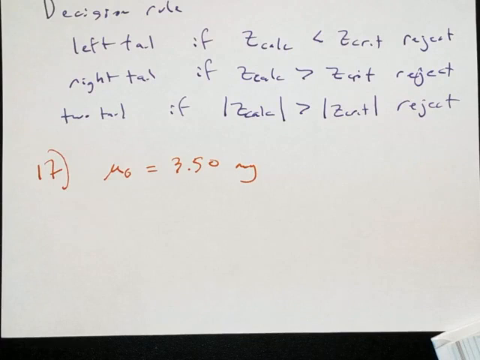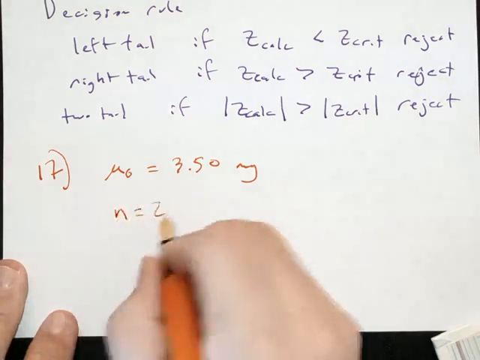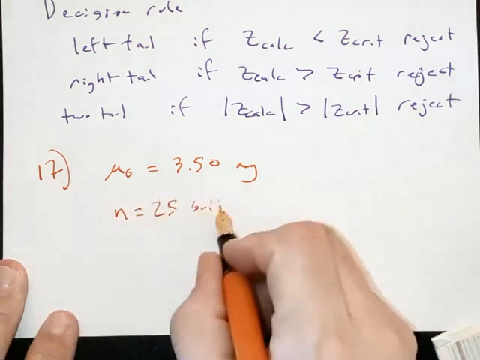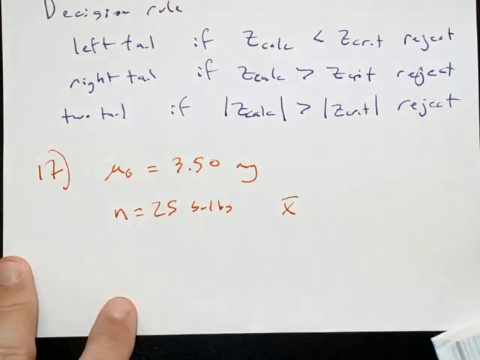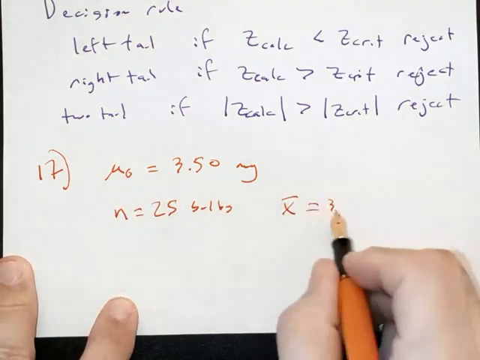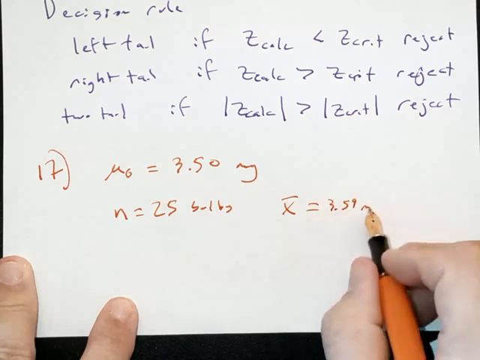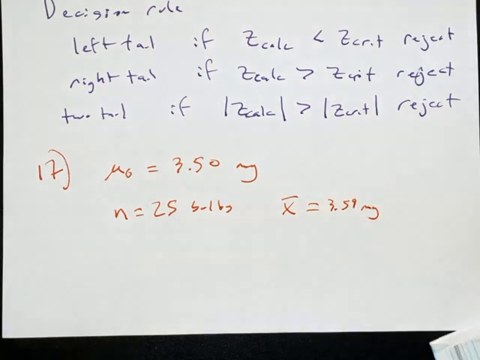Okay, I go take a sample of 25 bulbs, and I get a sample average of 3.59 milligrams of mercury per bulb. Now, the statement from Green Beam was that their bulb contains no more than.